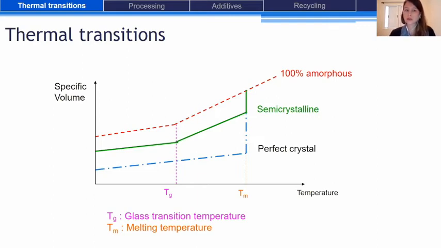We should take this into account when we deal with material processing and polymer processing, in order to know how the material will, for example, shrink during cooling, because it will give us information about the final dimensions of our products.